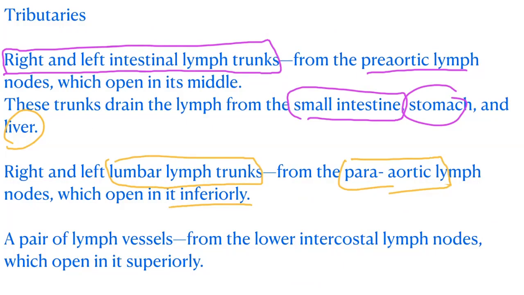A pair of lymph vessels from the lower intercostal lymph nodes open into it superiorly. So middle, inferior, superior: intestinal lymph trunks, lumbar lymph trunks, and lymph vessels. So the intestinal lymph trunks and lumbar lymph trunks form the cisterna chyli.